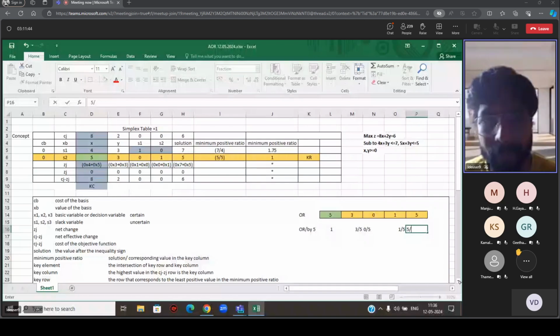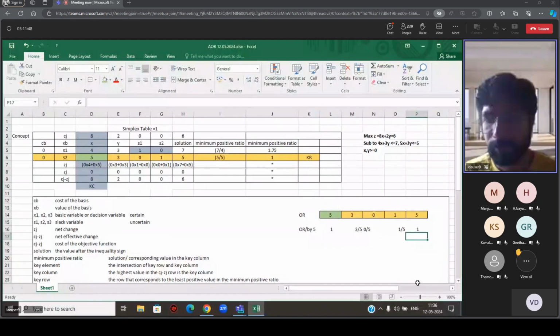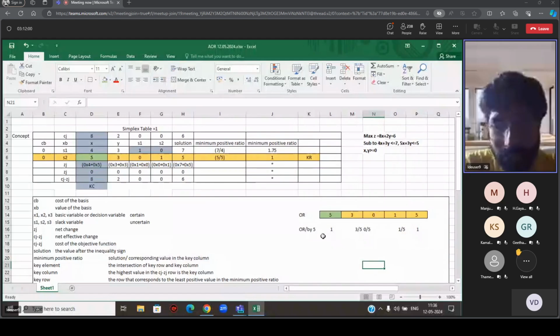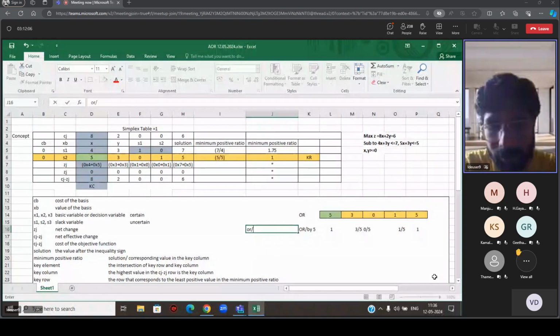Are you getting my point? Okay. Right. You see here, this is the old row. You are dividing the old row by the element. I can write this as old row divided by key element. Can I write it? Old row divided by key element.